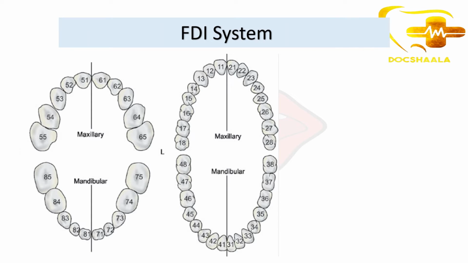Coming to the FDI system. This is the most common system that we use in our clinical experiences. In the primary dentition, the quadrants are divided like this. It starts with 5 and ends with 8.